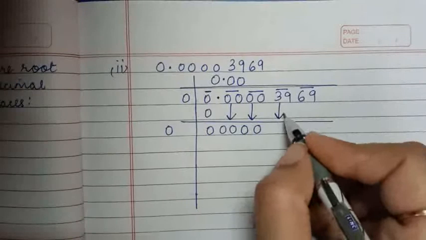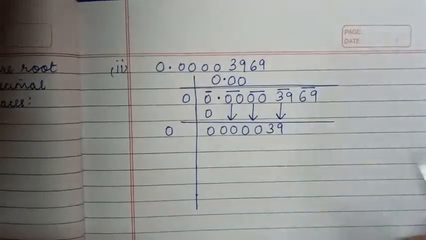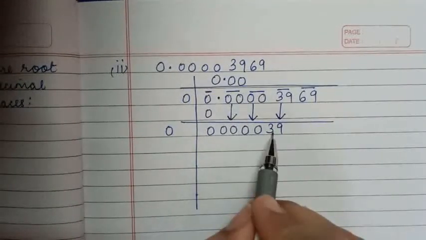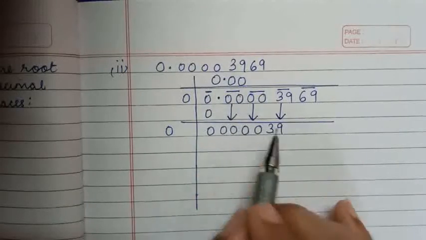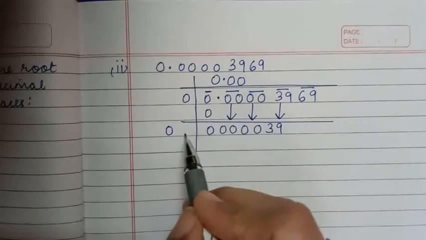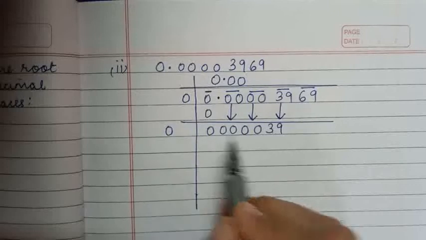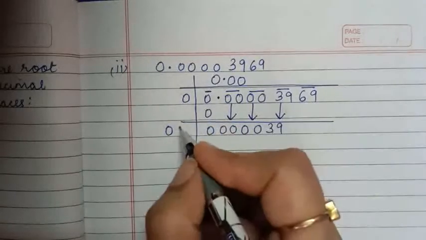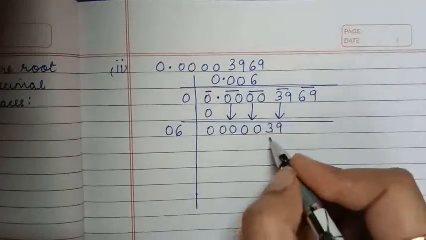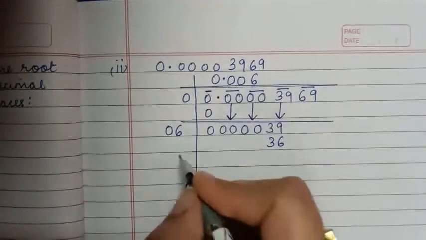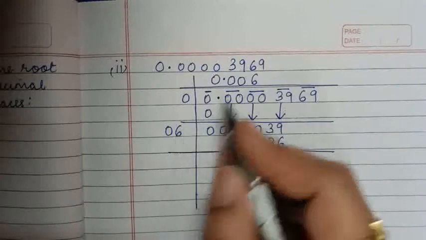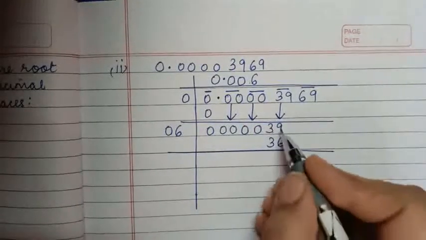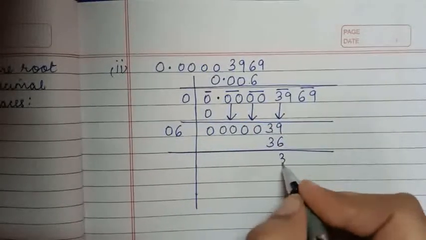Then we copy the next pair, 39. Here only 0, so which number should we keep so that it multiplied by itself is either equal to 39 or less? So 6 6s are 36. So we keep 6 here and 36 here. Subtract: 9 minus 6 is 3.